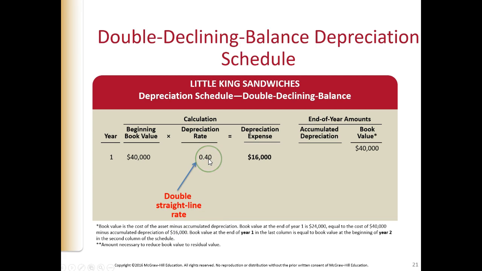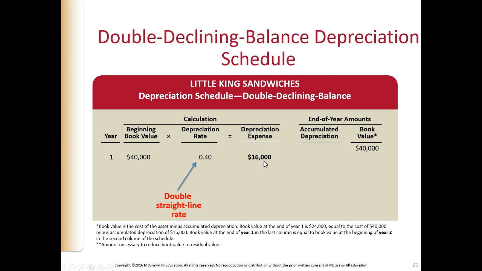This is 2 divided by 5. So always put 2 in the numerator, and if the estimated life is 5 years, put that in the denominator, divide, 0.4. If you had 4 years, it'd be 2 over 4, 0.5, and so forth. The expense then this year is $40,000 times 0.4, $16,000.